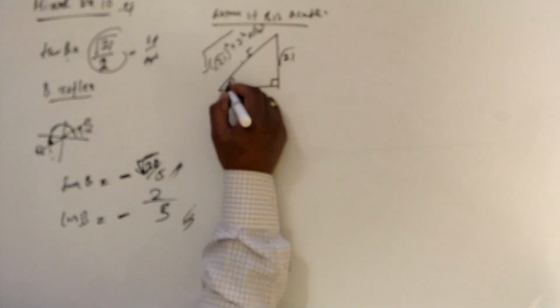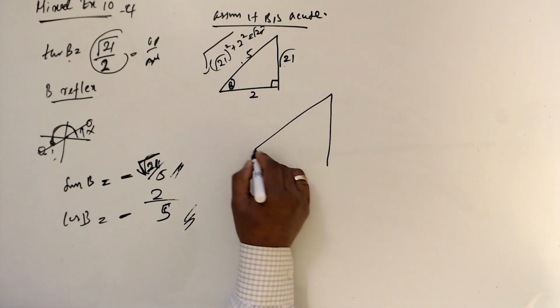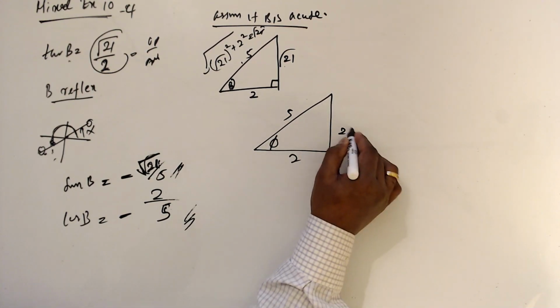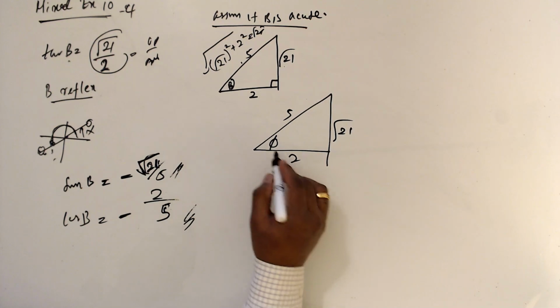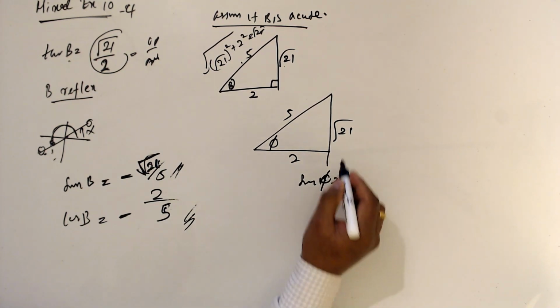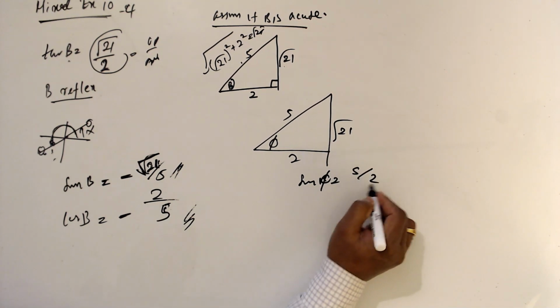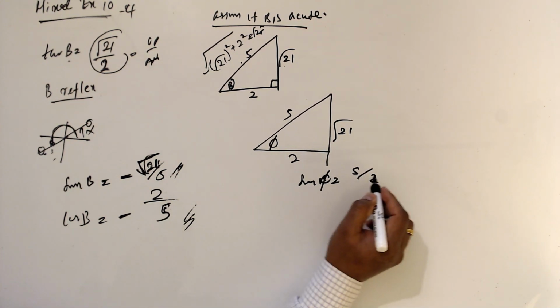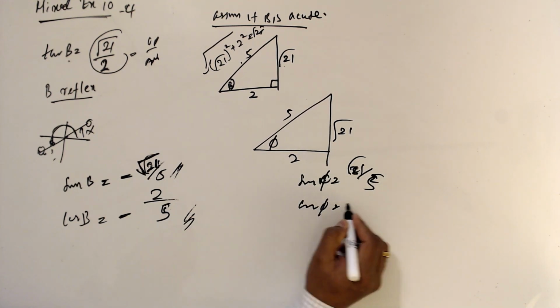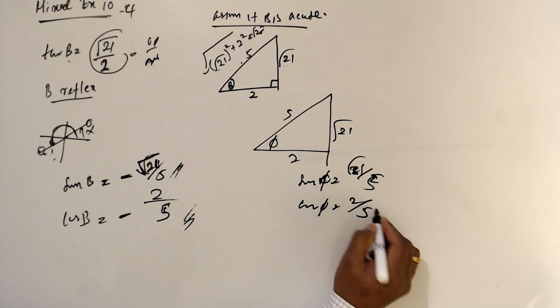If you want, you can take this angle as 5 and write sin B is square root 21 over 5, and cos B is 2 over 5.